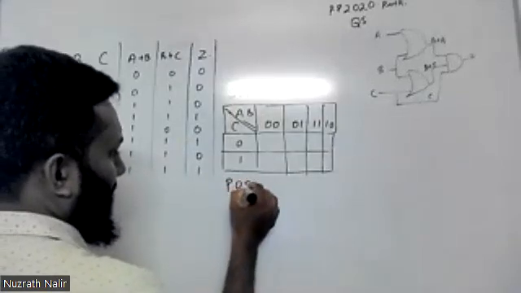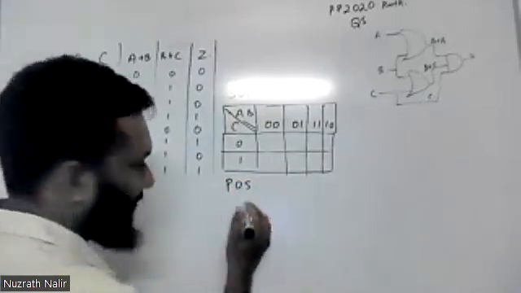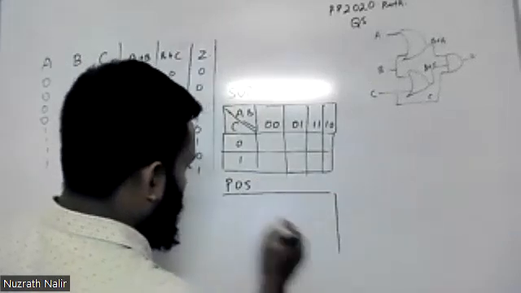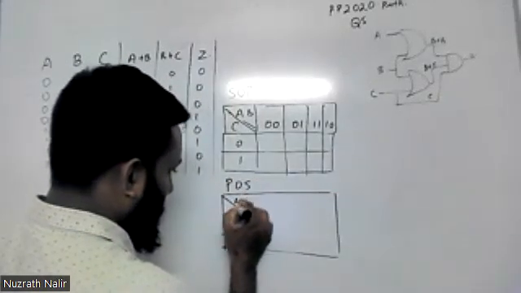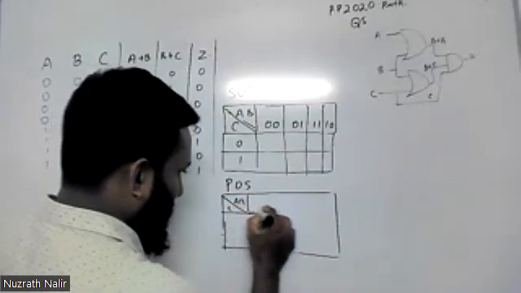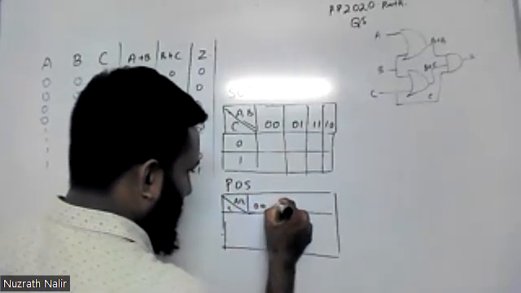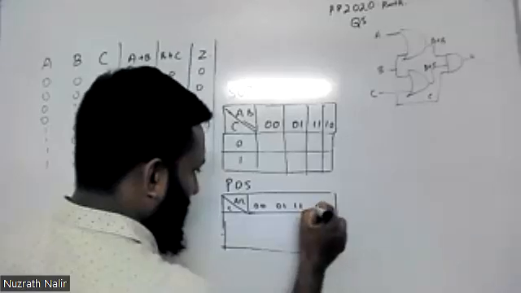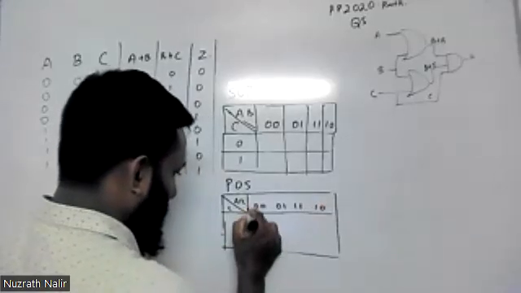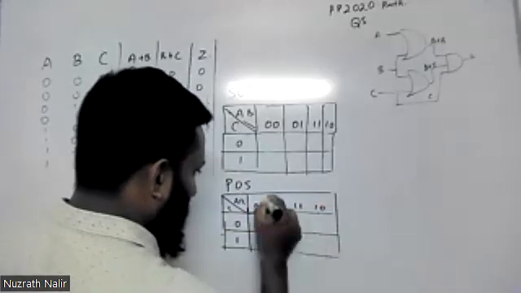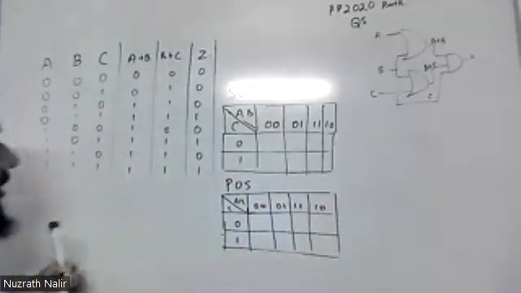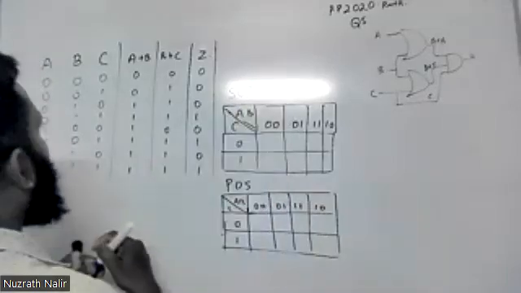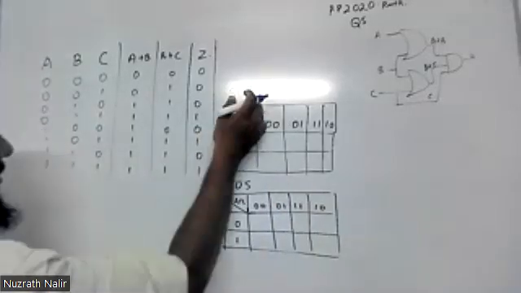The POS looks like this. I showed it. So this is a POS, this is a SOP. So question A, question B.